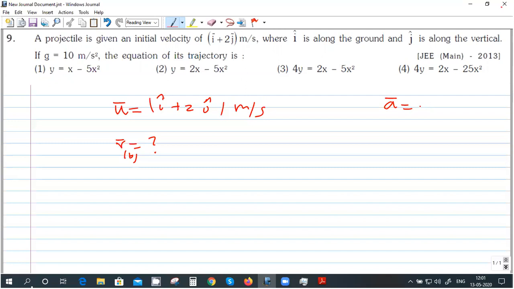In this question, it is a projectile, no? It is g. What is the direction? Downwards. That is minus j cap. Okay, so you have to use this one.